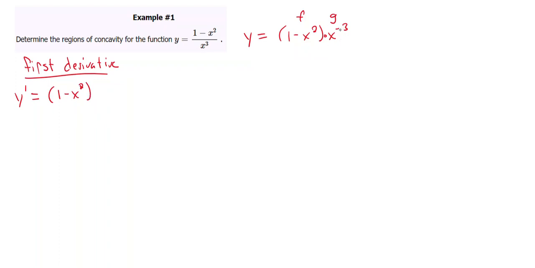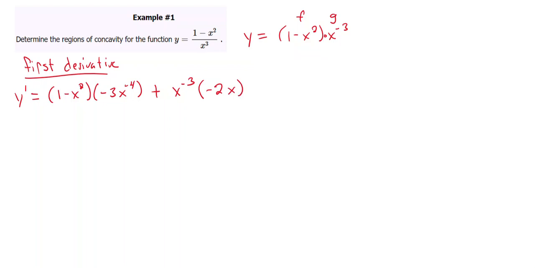The derivative of g, we're probably getting pretty good at this, would just be negative 3 x to the, and since it's a negative exponent, minus 1 is going to be x to the negative 4, so just be careful on that one. And then plus g, so x to the negative 3, times the derivative of f, which would just be negative 2x. All right, so that's it.